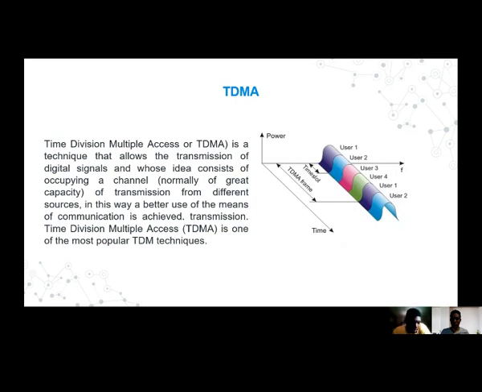Time division multiple access, or TDMA, is one of the most popular TDM techniques. This multiplexing technique distributes the information units in alternate time slots, providing multiple access to reduce the number of frequencies.